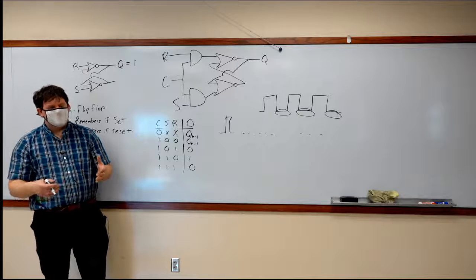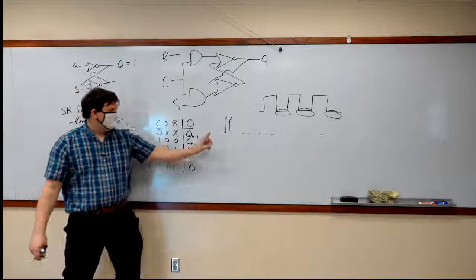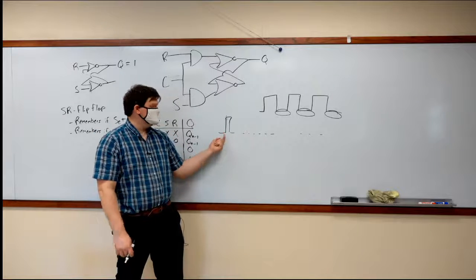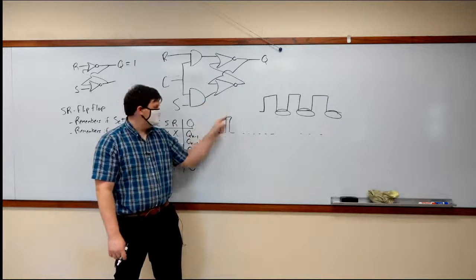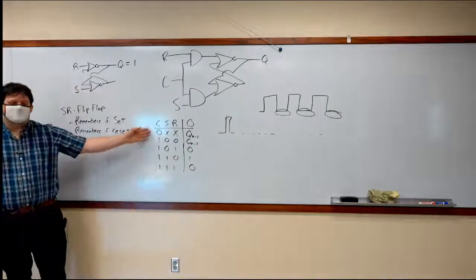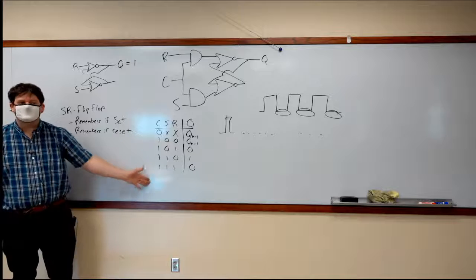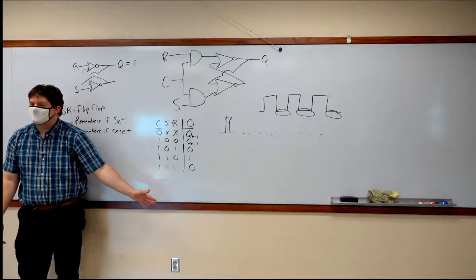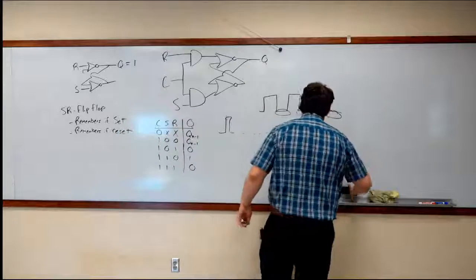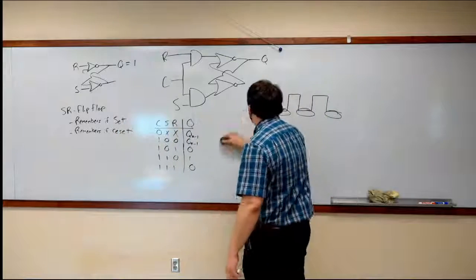All that means is that when it sees either a positive edge or a negative edge, the positive edge is when it goes up, negative edge is when it goes down. That is the only time it actually looks at allowing S and R to change the system. So at that point, we have what's called an edge-triggered system.